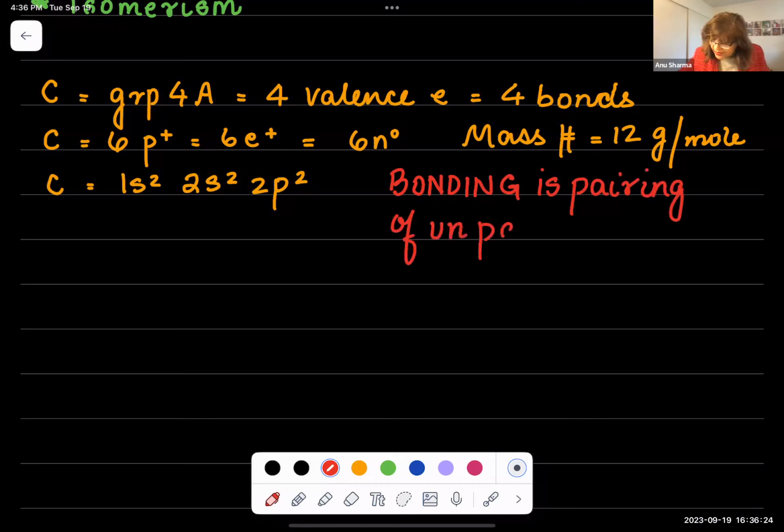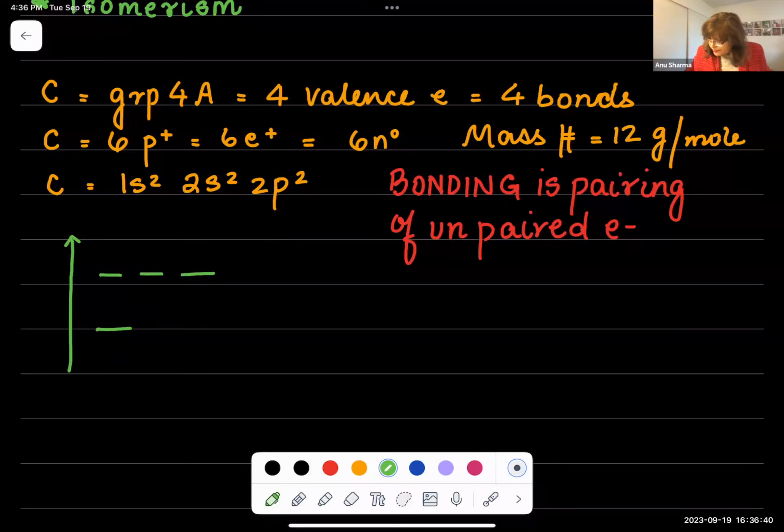So let's look at what's happening here. Unpaired electrons. So what do we see here? These are the valence electrons. Here we have 2s2 and this is the 2p2. I'm going to just put it as 2s, and this is 2p.